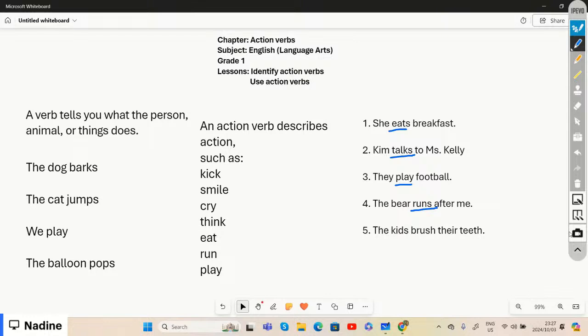We need to say what the kids are doing. And if we were to identify and select our action verb, then we can say brush, it tells us what the kids are doing.